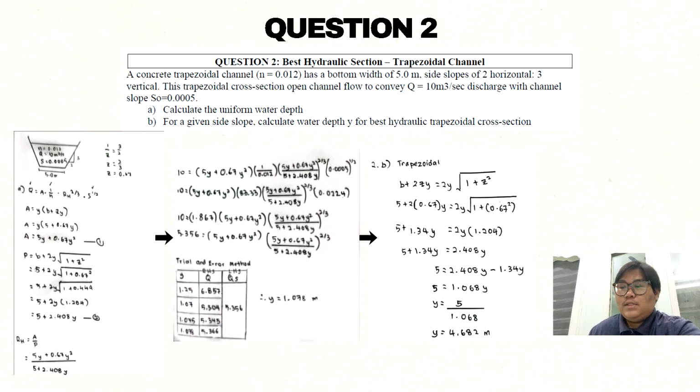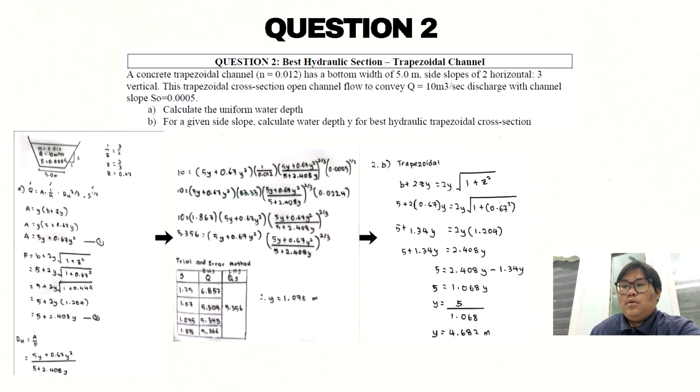And to find the water depth y for the best hydraulic trapezoidal cross section, we have to use b plus 2zy equals 2y square root of 1 plus z square. So insert everything, and you will get 5 plus 2 times 0.67y equals 2y square root of 1 plus 0.67 square.